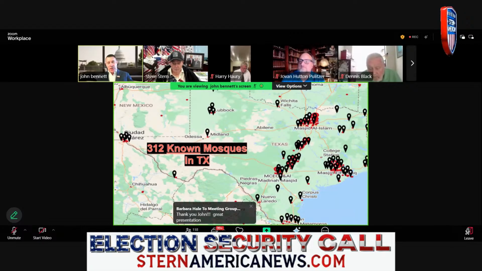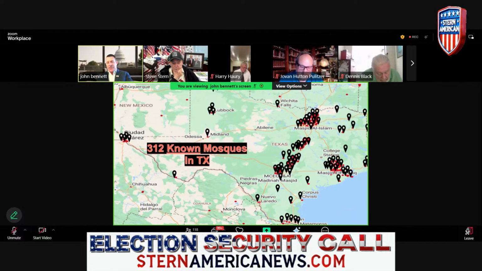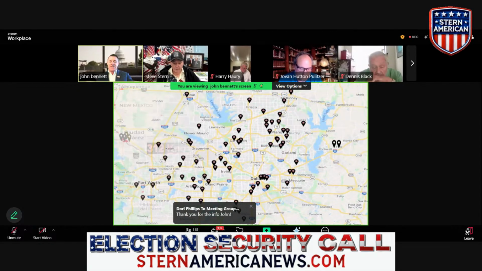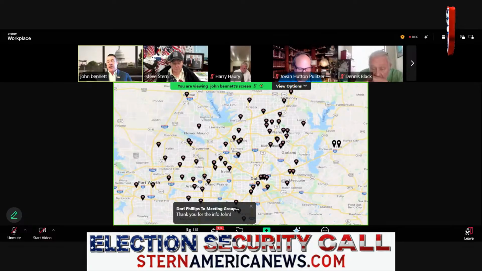Because other non-Muslims will not go to the polls and vote like they should, we're losing seats, not only in Texas, but other states as well. And these mosques and these coordinated efforts are all around the larger city areas because that is where all the votes are. And this is just in a small radius around the DFW area alone.